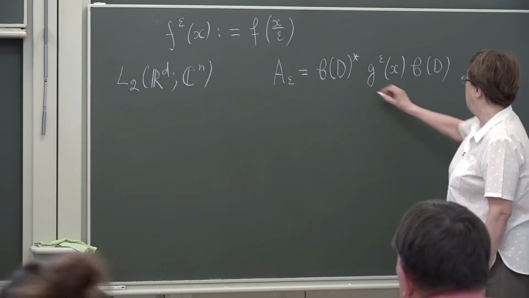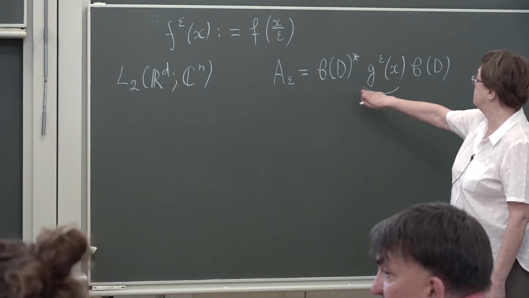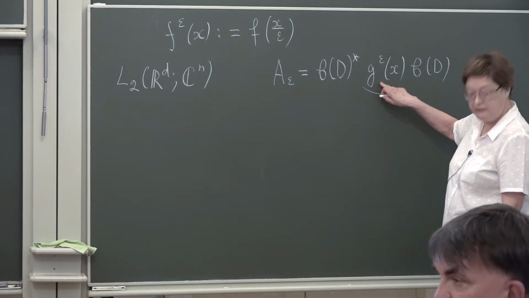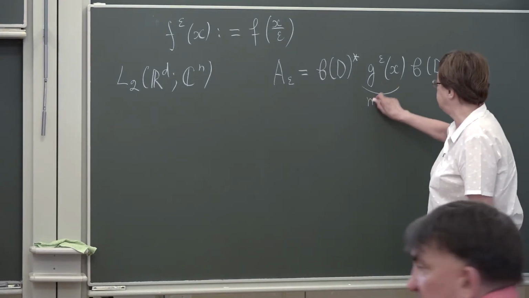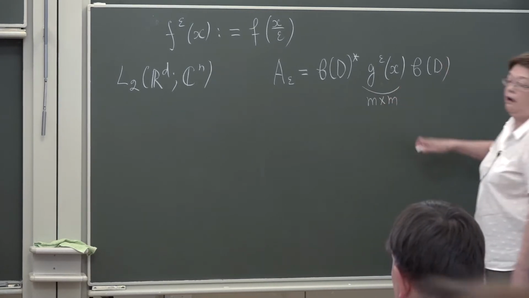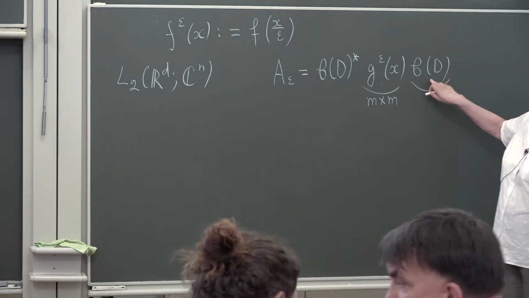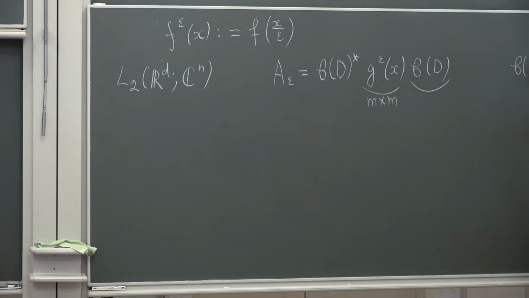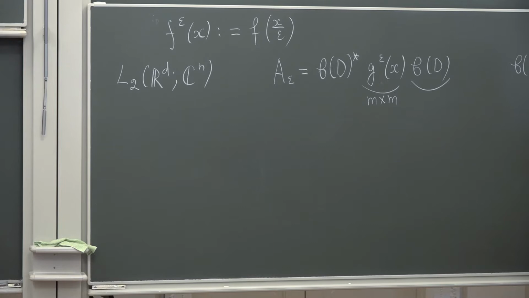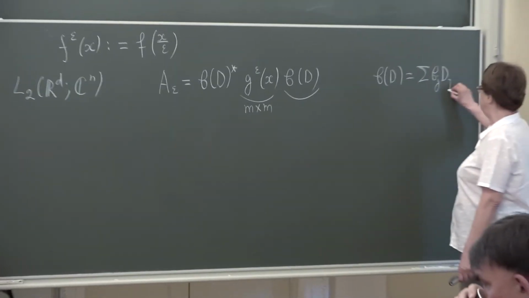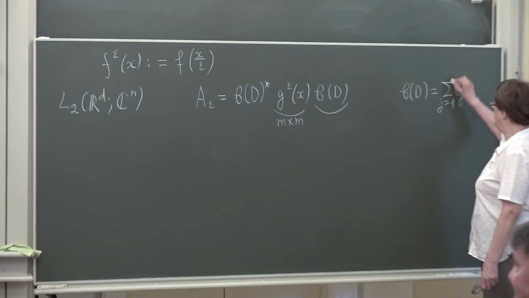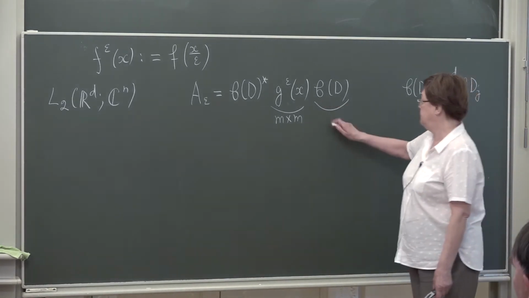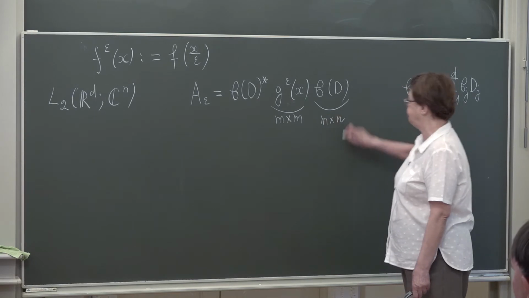Here, the function in the middle is a matrix-valued function of size m by m. B of D is the first-order differential operator, the sum of b_j D_j. And b_j are matrices, so it is of size m by n.